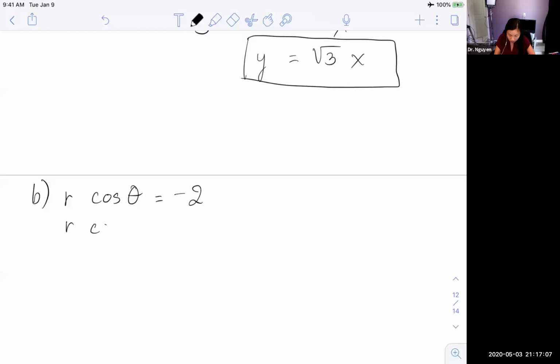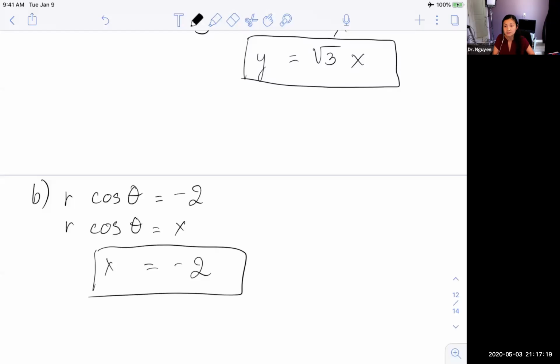So r cosine of theta equals x, right? So you can see in this case, x is just -2. And then we're done. Okay? Yeah. So these are quite easy. Now, we can do something maybe a little bit harder.